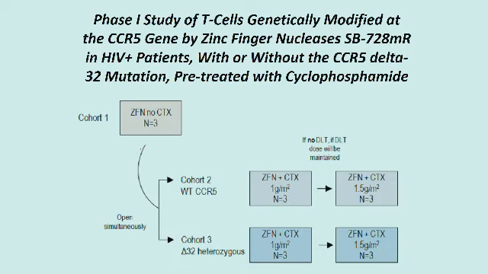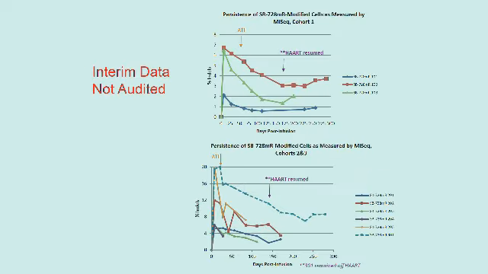One received zinc finger nuclease modified T cells without Cytoxan preconditioning, and then the other 2 with Cytoxan preconditioning, and then delta 32 heterozygotes with Cytoxan preconditioning. So this study is still open. It is not completed, but I am able to share some interim data with you.